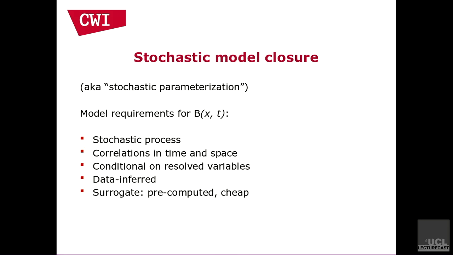In the absence of the full model, the surrogate is small and data inferred, and it has to be pre-computed. This might take quite some time to sample, but once we have it, it has to be cheap to run. Another very important thing is we want this stochastic surrogate to extrapolate well, and that's also very difficult.